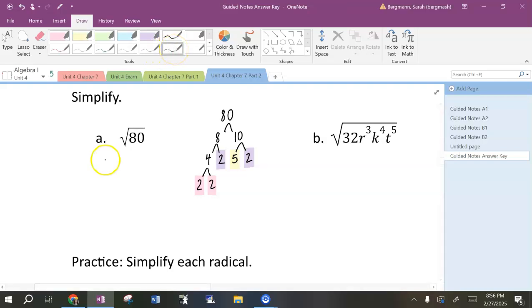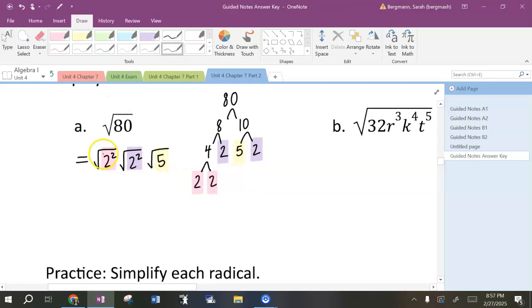So in order to rewrite this time, I have 2 squared, and 5. Each one is going to go under its own radical. So I have my 2 squared because I have a pair of 2's. 2 times 2 is 2 squared. This other pair of 2's can also be written as 2 squared, and then my 5 is left alone.